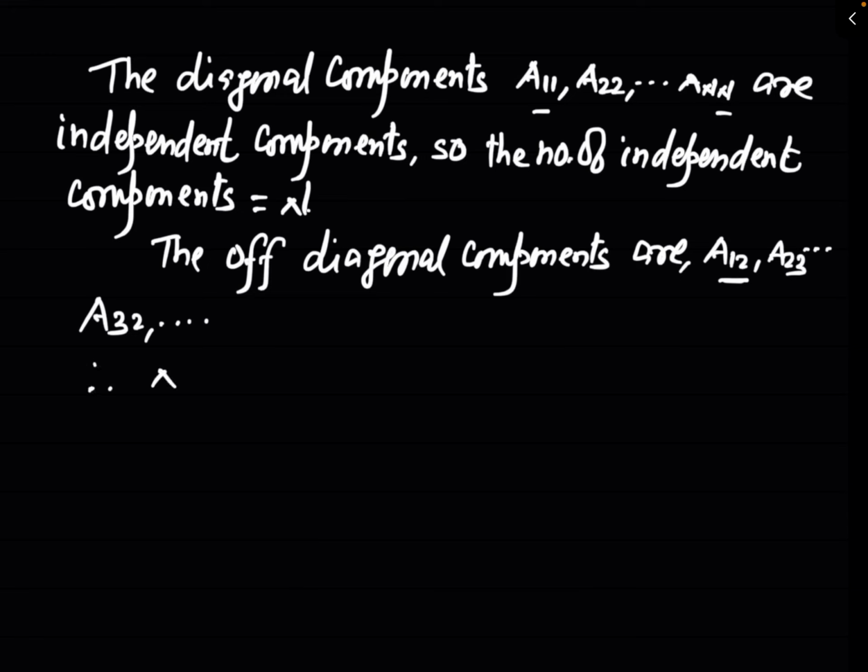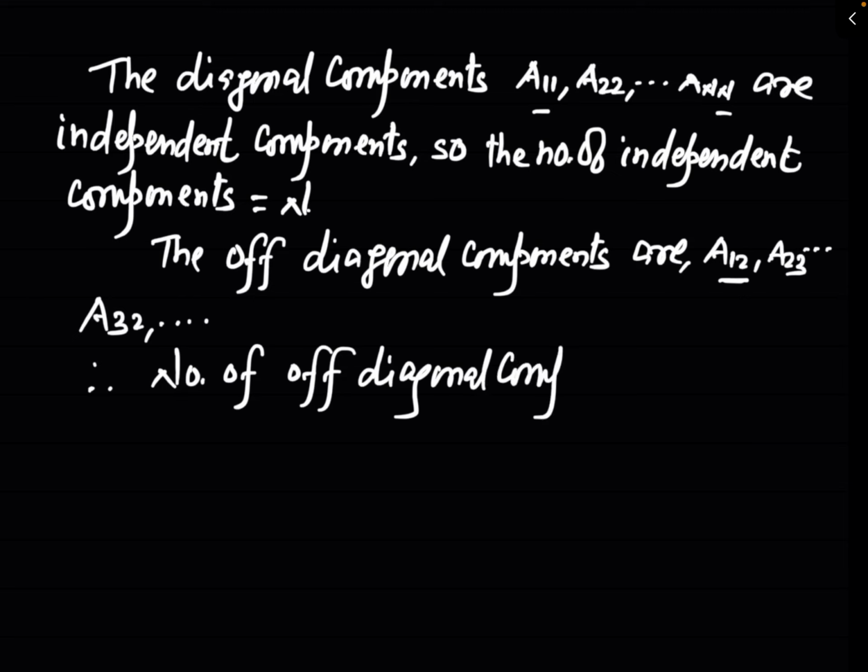Therefore, the number of off-diagonal components: since the total number of components is n square and the number of components on the diagonal is n, the total number of off-diagonal components is n square minus n.